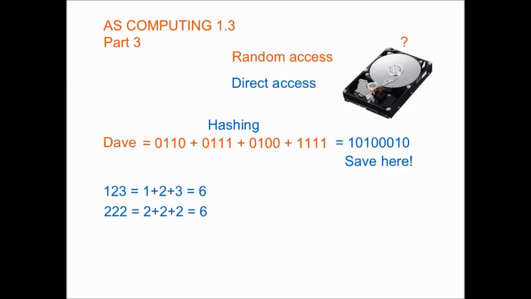This is known as a clash. Clashes happen if the algorithm is too simple. For AS, you only have to know that if a clash takes place, the slot number will be incremented by 1 until an available slot is found. So in this case, it would move on to 7 and see if that was available.